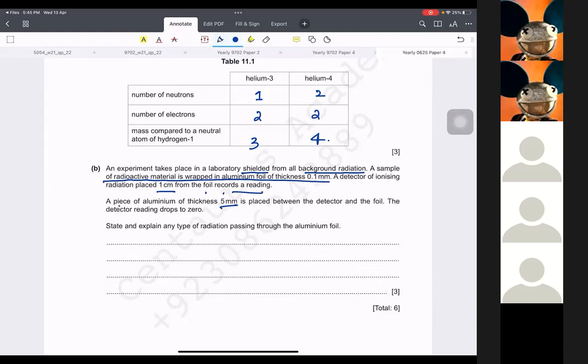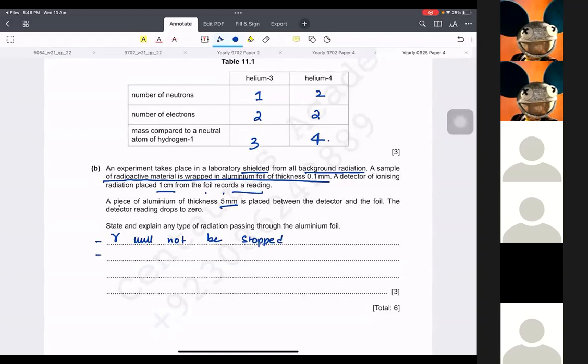Now, first of all, what type of radiation should be passing through the foil? Well, if I were you, I would say that gamma will not be stopped. Right.